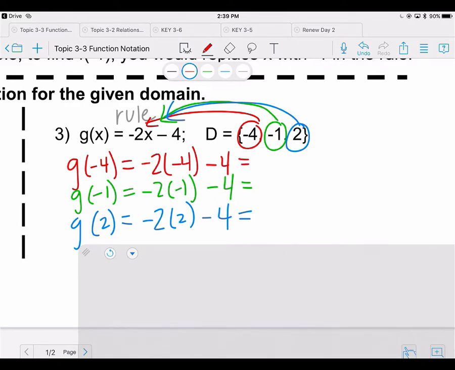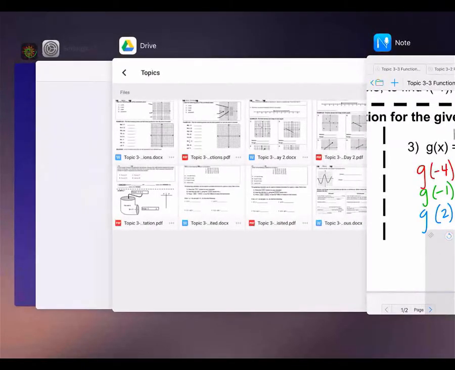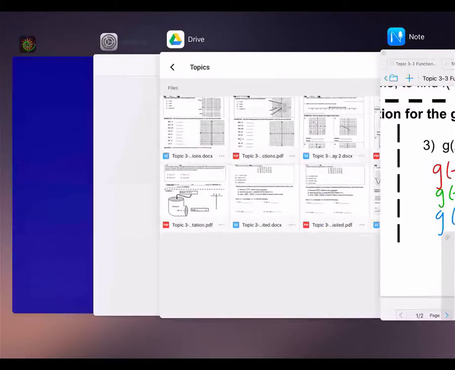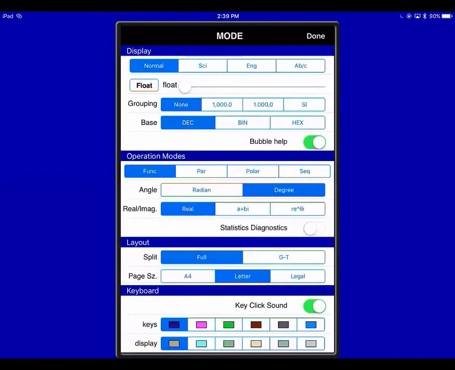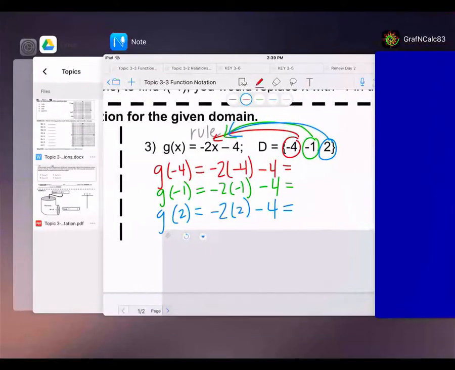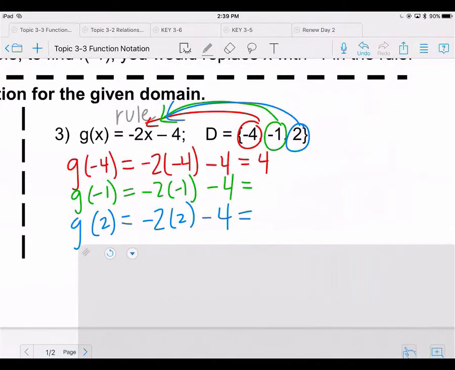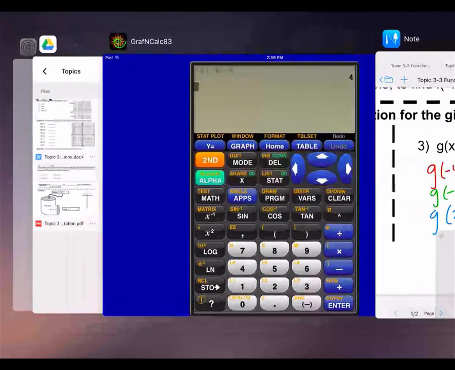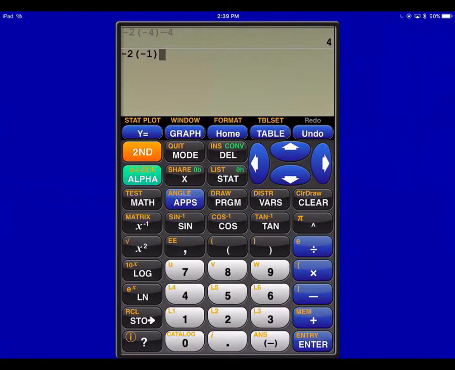To solve, I can plug these into the calculator if you aren't super confident in doing it in your head. So negative 2 times negative 4 minus 4 is 4. Negative 2 times negative 1 minus 4 is negative 2.